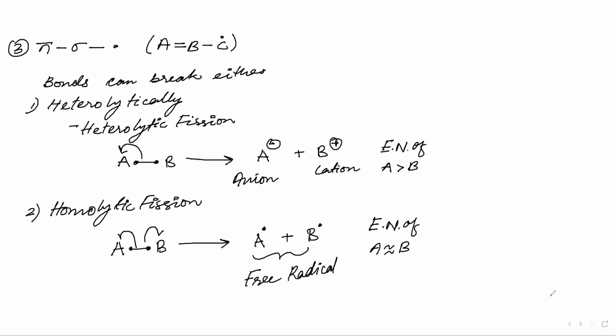Yes, sir. Now let us see the resonance in these types of free radicals. Let us start with the simplest, CH2 double bond CH single bond CH2, and a free radical. Now just see how the movement of electron is there.